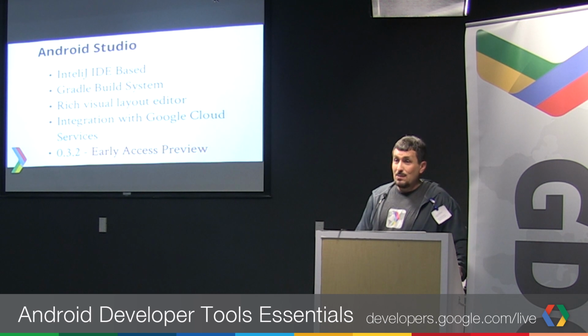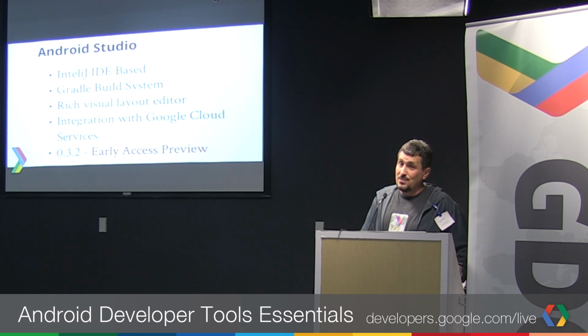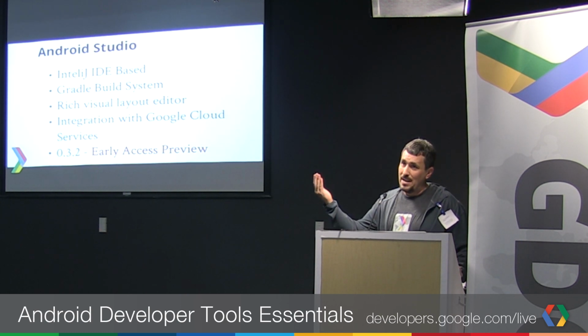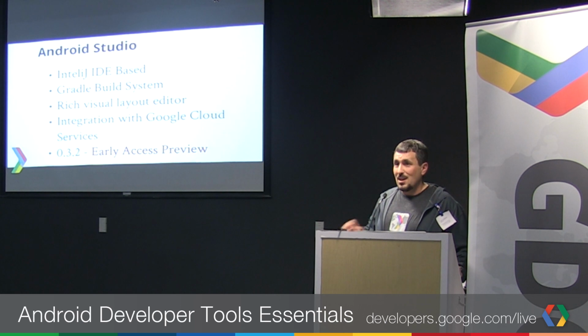One really great thing about Android Studio is they have a really rich visual editor. They have a real-time visual editor that will allow you to make changes in your code and look at the changes as they'd be represented in your UI directly. They also have a really rich drag-and-drop UI builder.